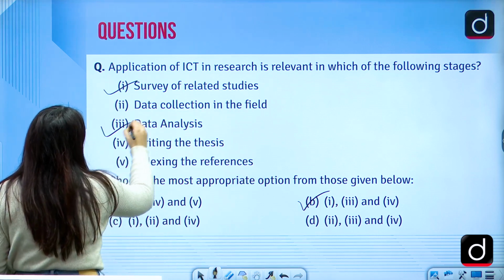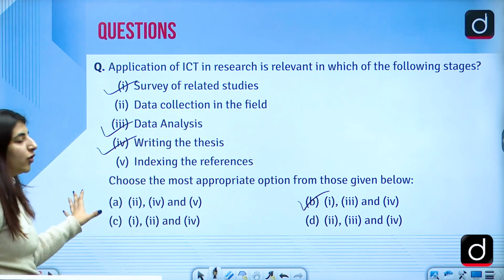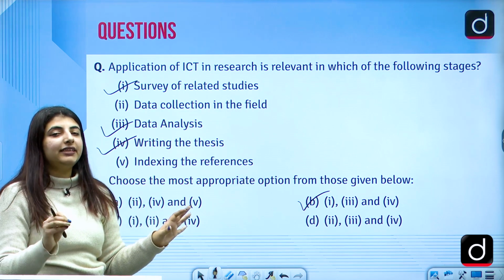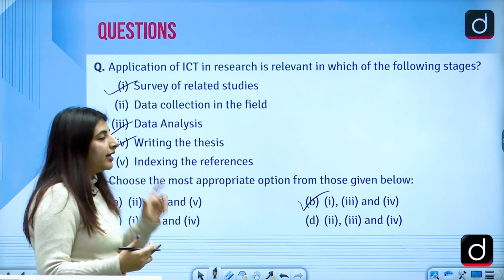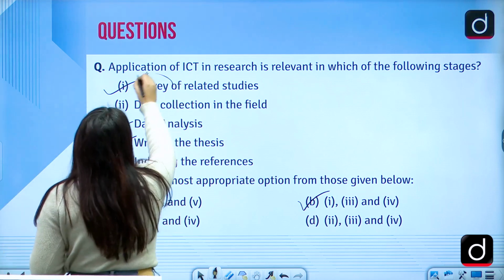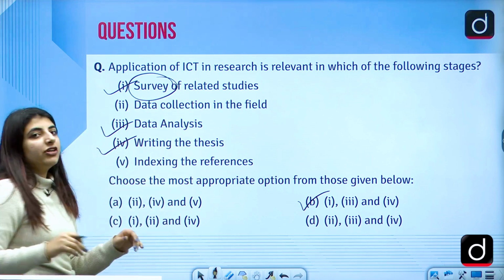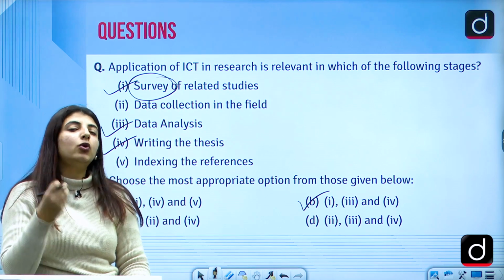If we talk about these three things, ICT is the most important or relevant thing which we will require. Let's see how. If you want to do surveys, in the traditional survey method, people used to go and collect data.